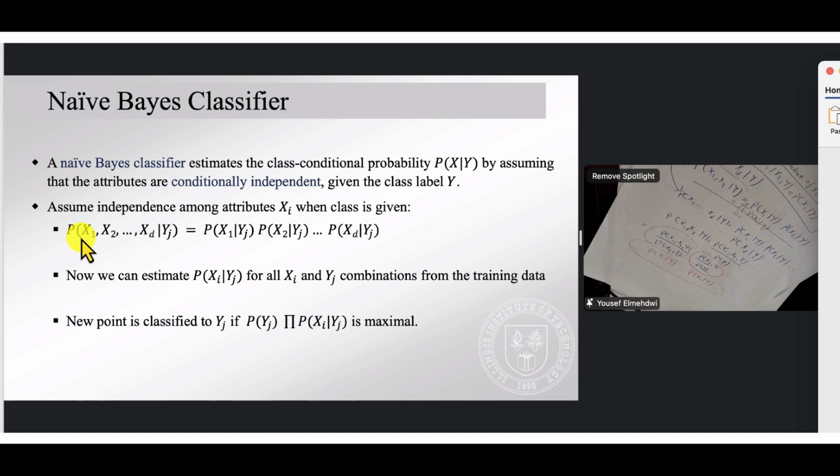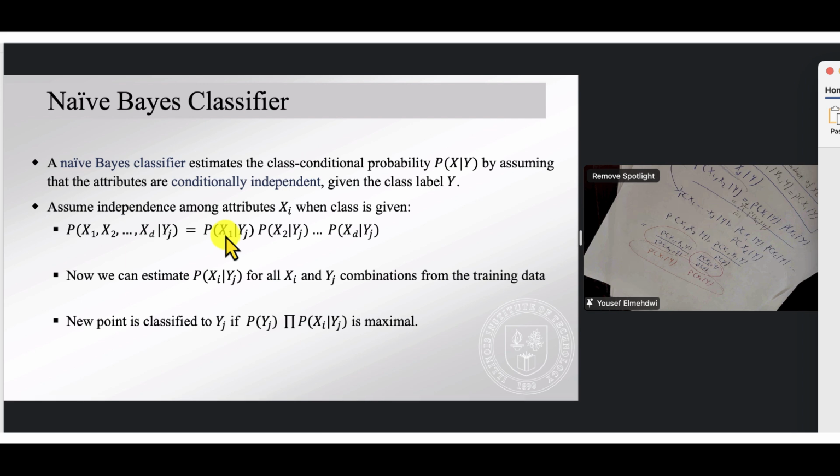You see, the probability of x1 up to xd given yj, where I use j as a different parameter, is the probability of x1 given yj times the probability of x2 given yj, up to the probability of xd given yj. And now we're going to look at how we can compute this probability. It depends on the feature type, right?